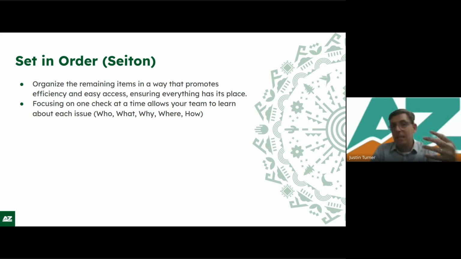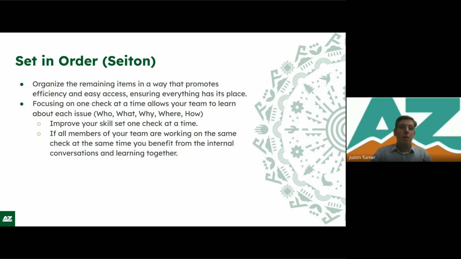The biggest fear we see in folks' eyes when they first start looking at this is that big mountain of issues they have to address, and it all seems so very technical. By putting things in an order and gradually taking them one at a time, it allows you to improve your skill sets, keep everybody on the same page, and gradually build out that knowledge base so it's not as intimidating.